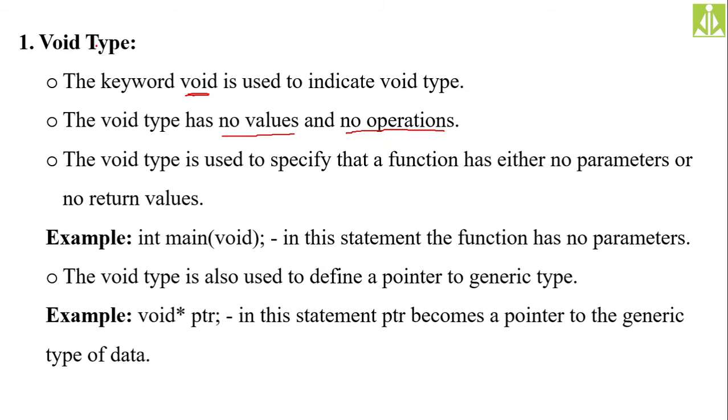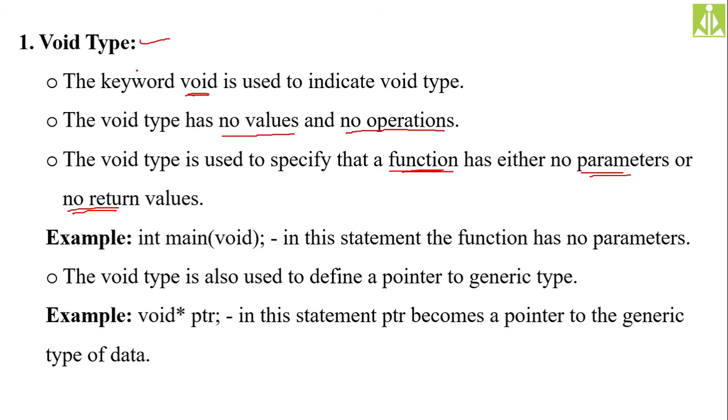Generally we use the void type with functions. If a function doesn't have any parameters and doesn't have any return value, we use void type to indicate that.